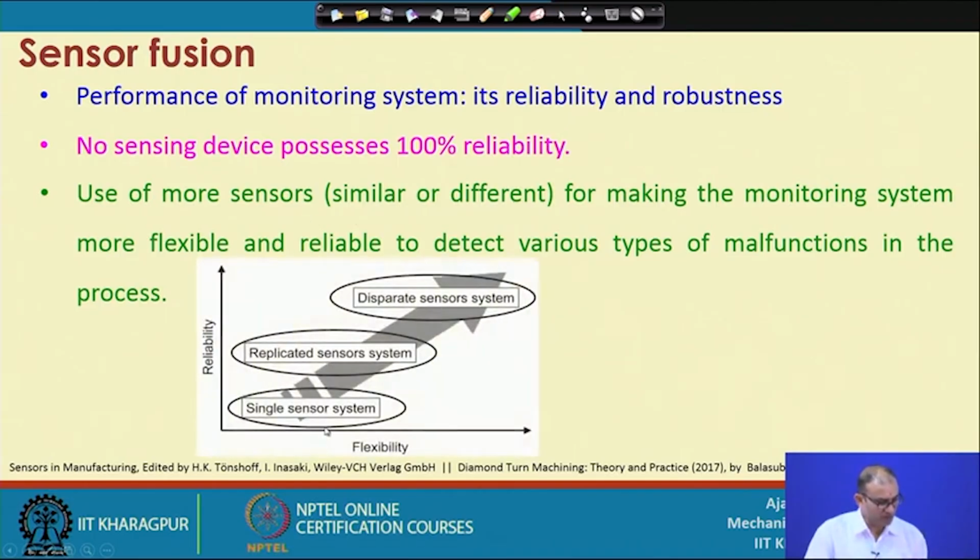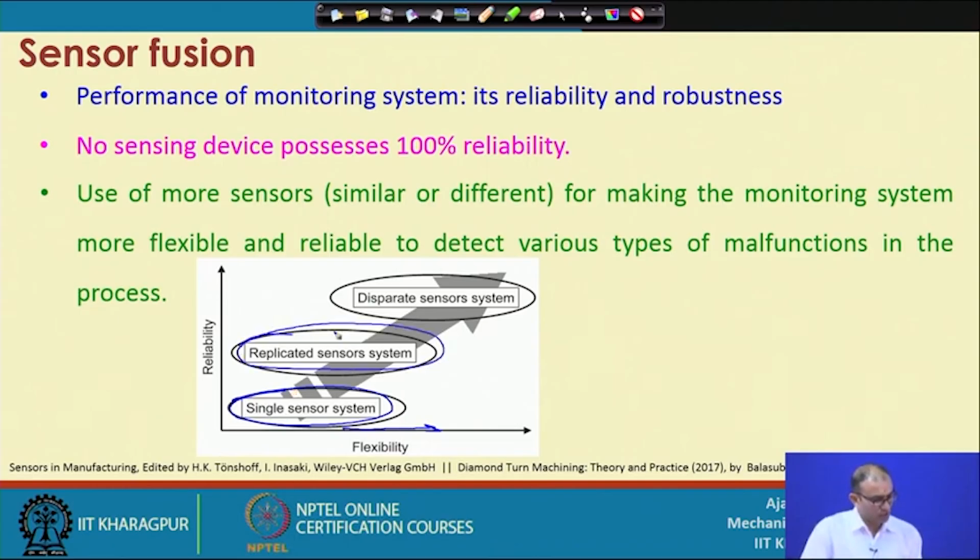Now, this particular graph will tell you many things. What it is showing here is reliability on one axis and flexibility on the other, right. This is a single sensor system, where you are using a single sensor and monitoring the process, whether you are monitoring the cutting tool or the workpiece. This is called the replicated sensor system.